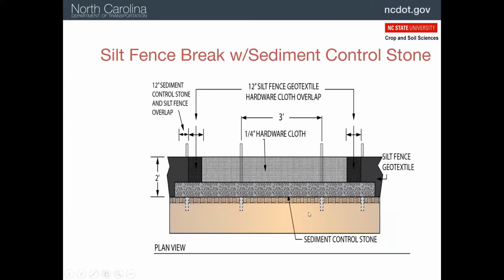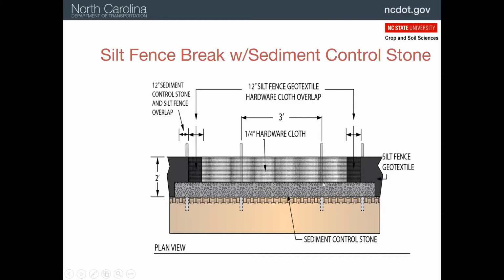So here we have the hardware cloth I talked about, so 1/4 inch wire mesh, and should be galvanized. We've got stakes that are on 3 feet. So we had 6 and 8 feet for the silt fence. We had 10 feet for the perimeter fence. So now we're down to 3 feet because this can get a lot of flow.